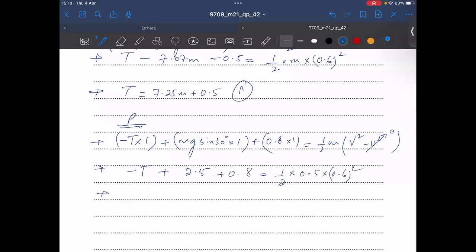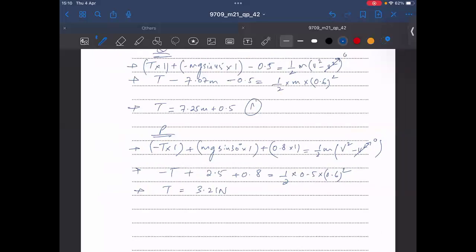So okay, T is coming out to be, how much? 0.6 square into 0.5 divided by 2 is going to be 0.09. 2.5 plus 0.8 minus 0.09 is 3.21.